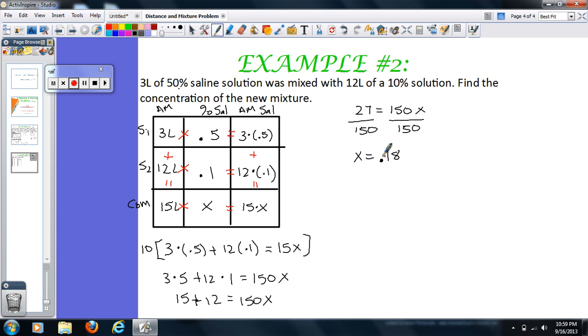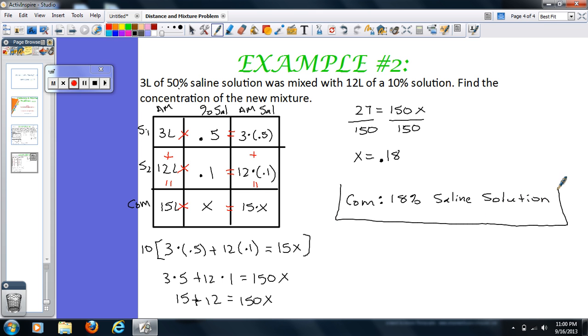Now we need to turn this into a percentage, because it asks us to find the concentration of the new mixture. So I multiply by 100, which means the new mixture, the combination, is 18% saline solution.